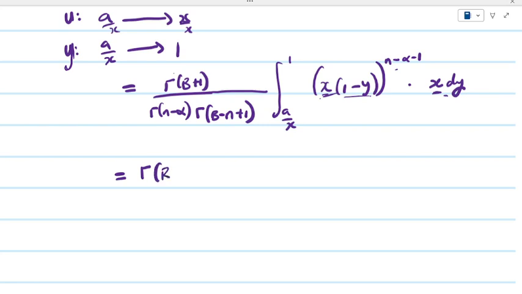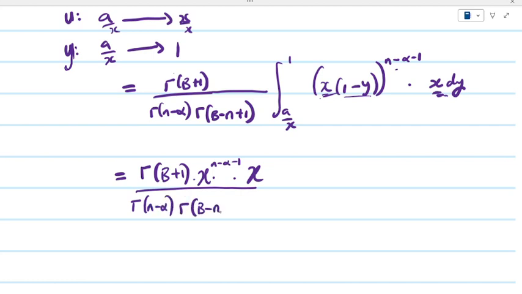So I have gamma(b plus 1), then x raised to power n minus alpha minus 1 times x, everything over gamma(n minus alpha) gamma(beta minus n plus 1), integral from a over x to 1. So we are left with (1 minus y) to the power n minus alpha minus 1, then dy.